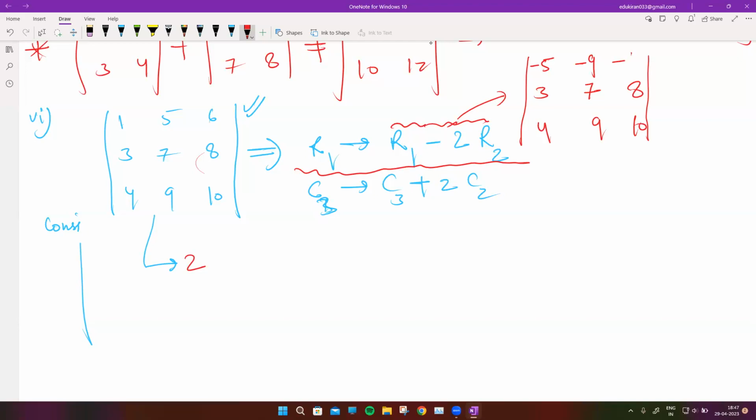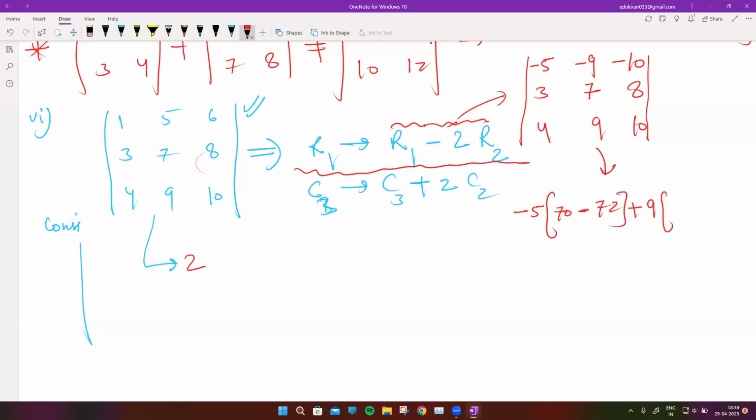Right? Now I have performed this operation on this determinant, but if you check it, the value still should be 2. Let's solve it. There are no zeros, so I'm directly expanding it along row 1. So this should be minus 5 into 70 minus 72.